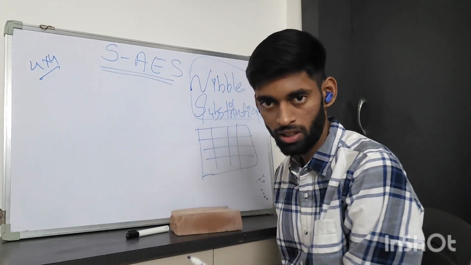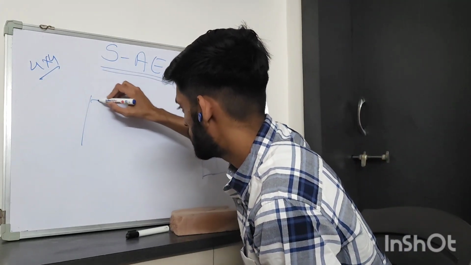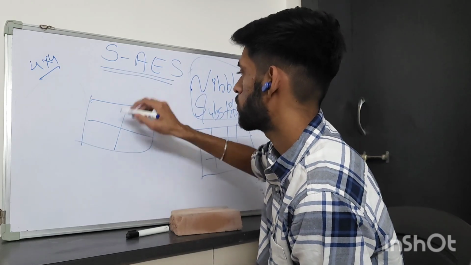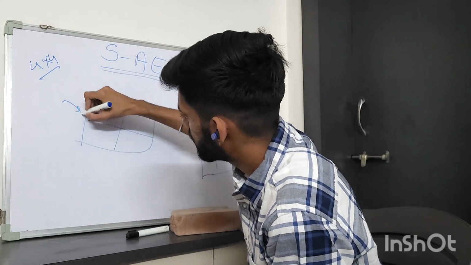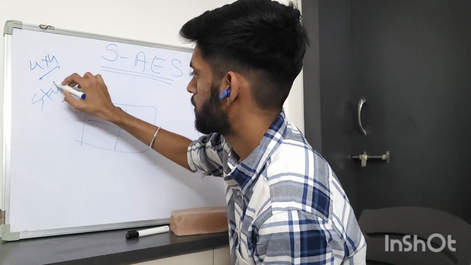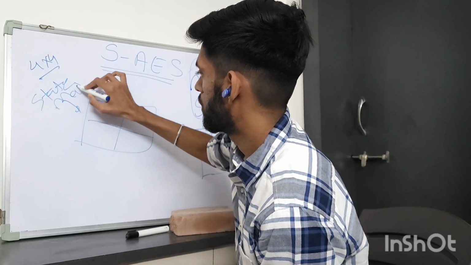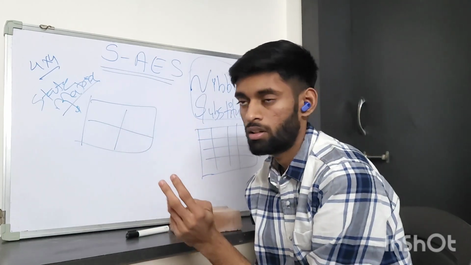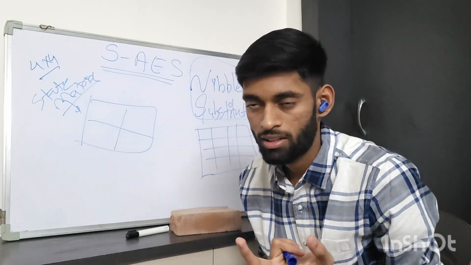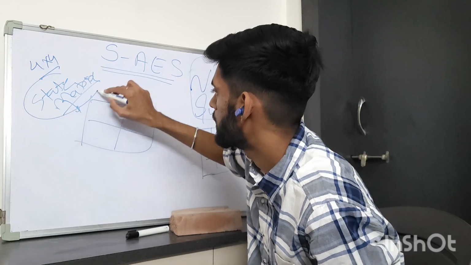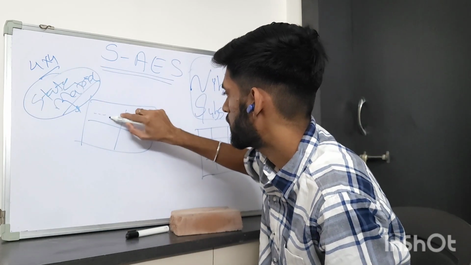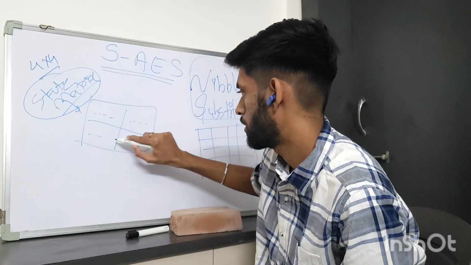As I told you, we represent our plain text as a matrix of 2 cross 2. This matrix is referred to as the state matrix. The matrix in which we represent the content of plain text is termed the state matrix, so these are the contents of the state matrix.